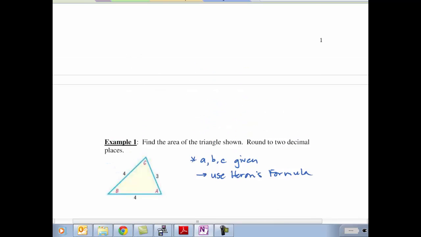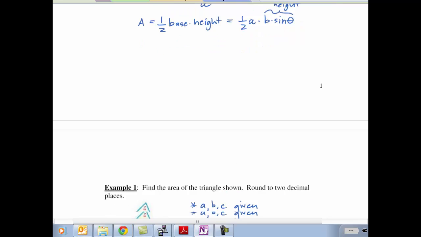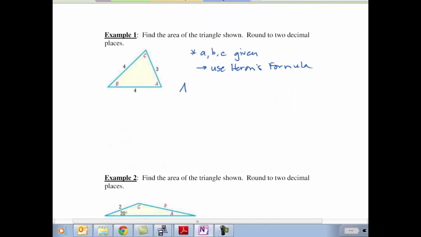So if you go back and look at that formula, we have S, and then S minus A, S minus B, S minus C. So let's write down the formula. Square root of the semi-perimeter, and then 3 more factors, each subtracting one of the sides from the semi-perimeter.